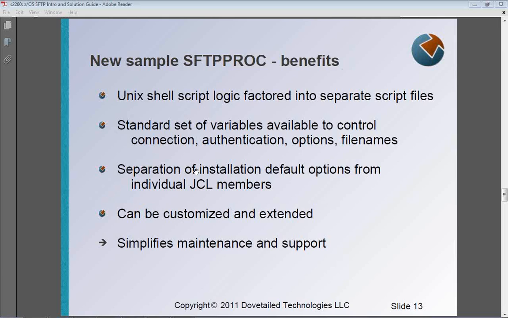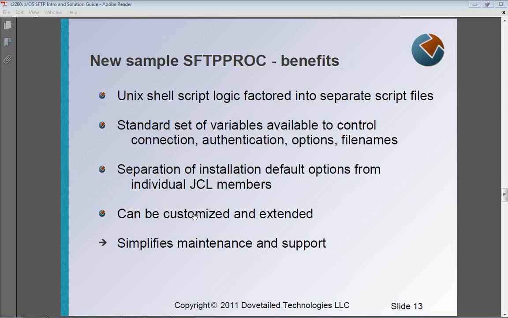It allows you to separate settings for these variables into installation defaults that are concatenated in front of your shell script, and you can set that up in a proc. Different procs could point to different installation defaults. And finally, this is all provided as samples that you can customize and extend.